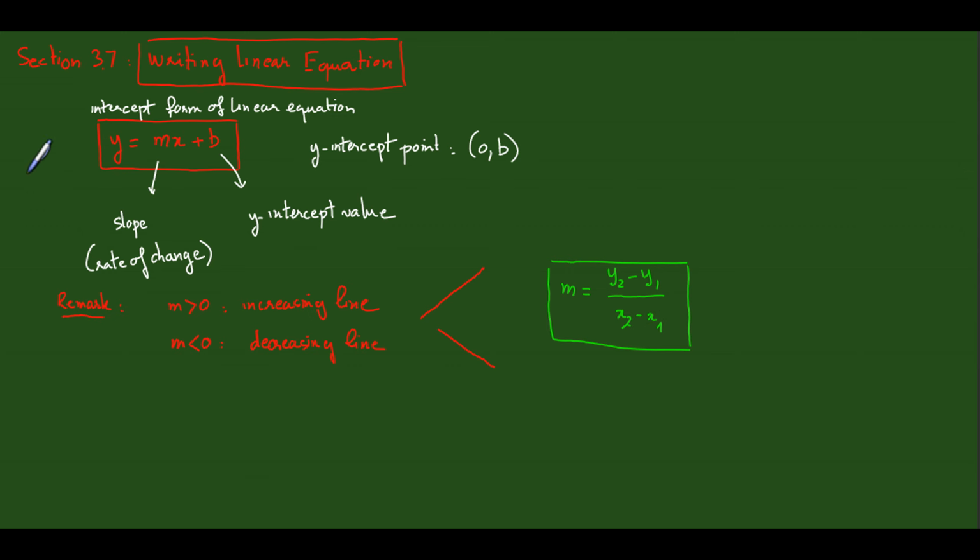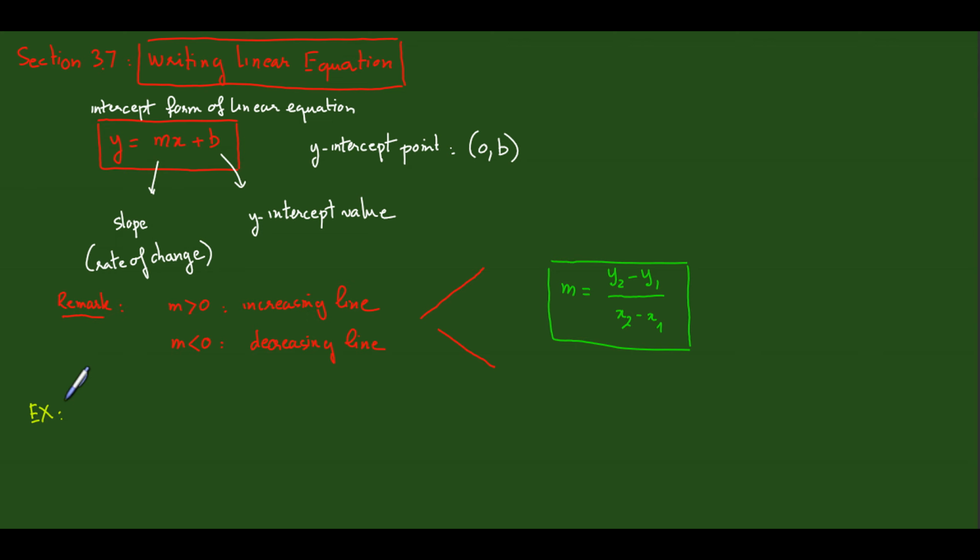Now let's jump to the example. Because this section is kind of similar to the previous section, I think I'm going to just do one example. I think this is good enough.